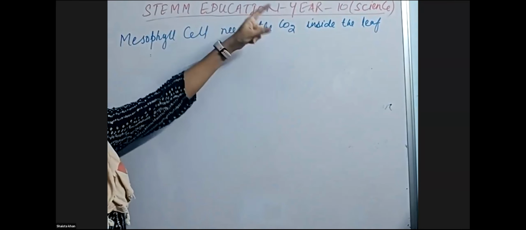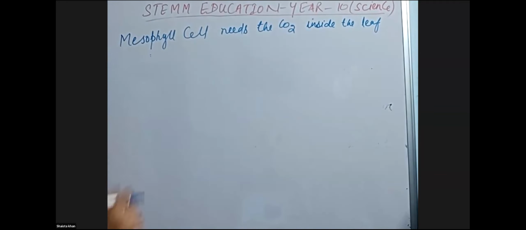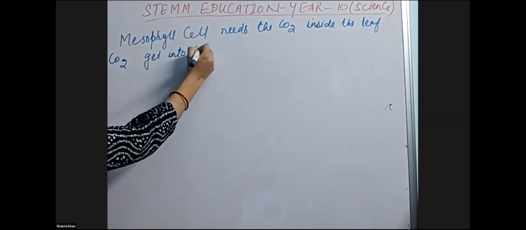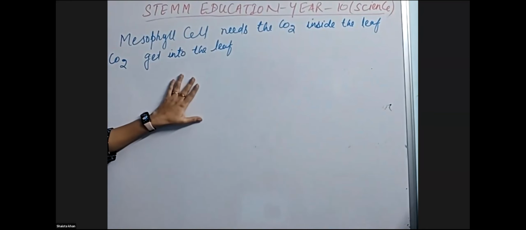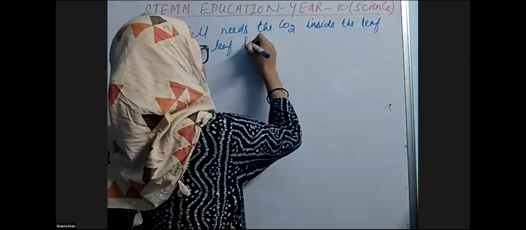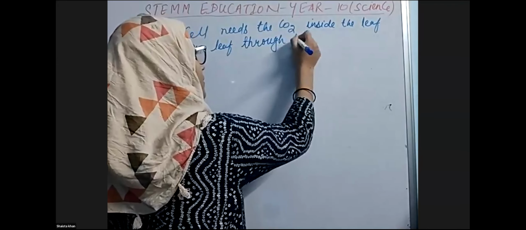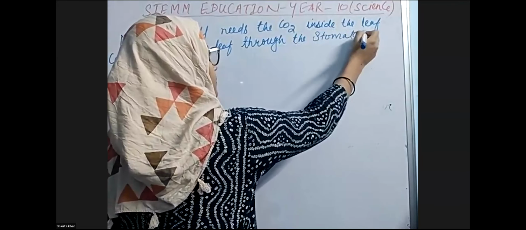The carbon dioxide gets into the leaf through the stomata. Do you know what a stoma is?